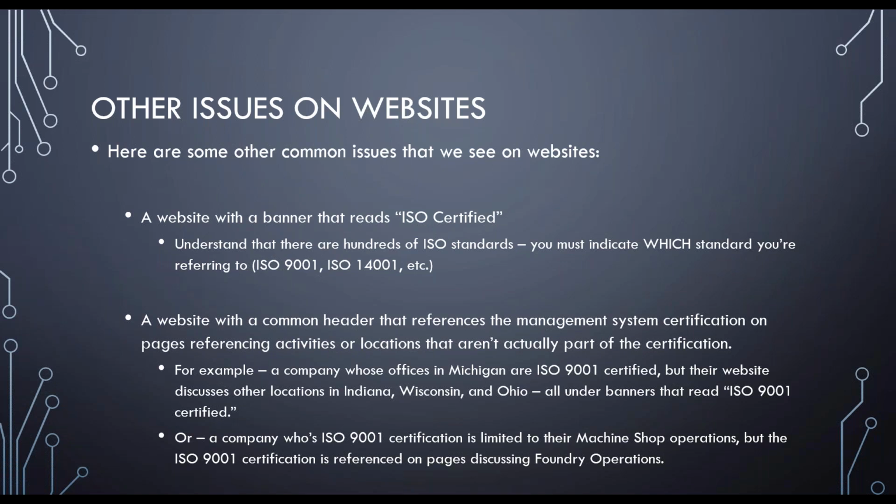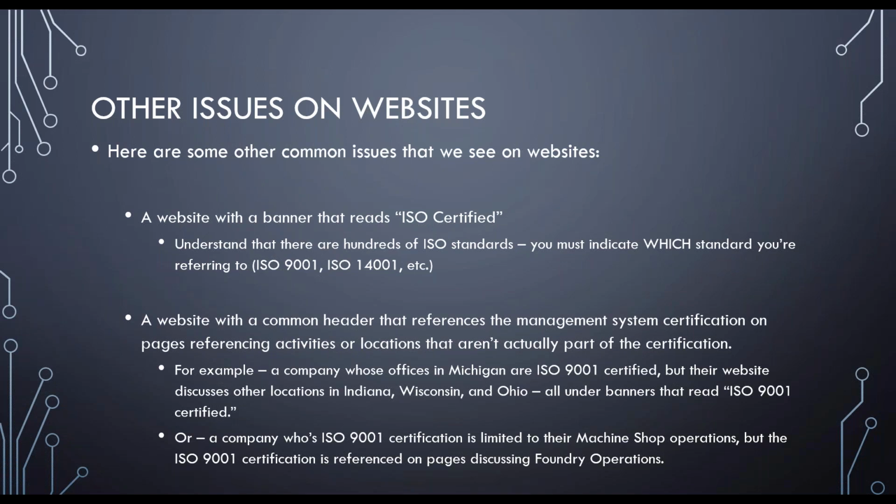So for example, let's say that you have offices in Michigan that are ISO 9001 certified, but you are also operating in Indiana, Wisconsin, and Ohio. And when we visit the web pages for those facilities, that banner is still up there saying ISO 9001 certified. That's a problem, because if Indiana, Wisconsin, and Ohio aren't actually certified, then that website needs to be corrected.